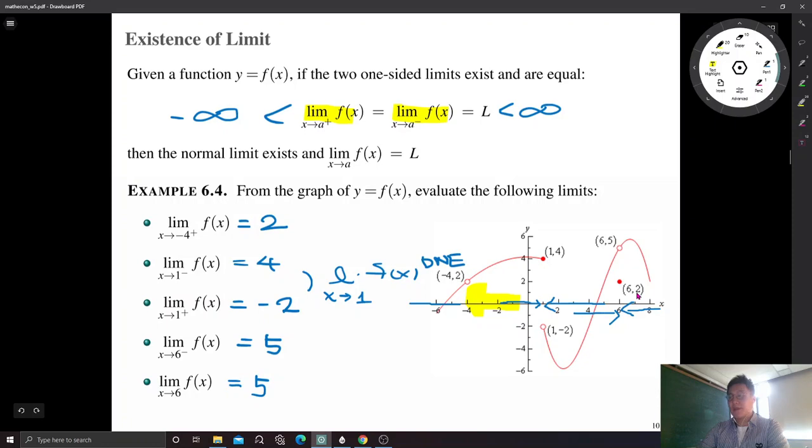But the function's value is 2. So we can see that the limit of f of x as x approaches 6 is 5, but that is not equal to the function's exact value at that point, number 6, because that is a number 2.